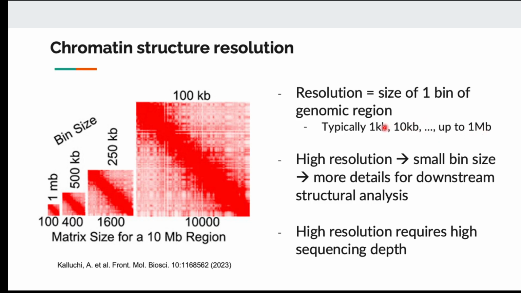If you increase the size, right, you go up to 1 megabase, this means that you count all the reads that map to a 1 megabase region as just one interaction. You're going to get a very low resolution result, because your DNA is going to be cut into few pieces.